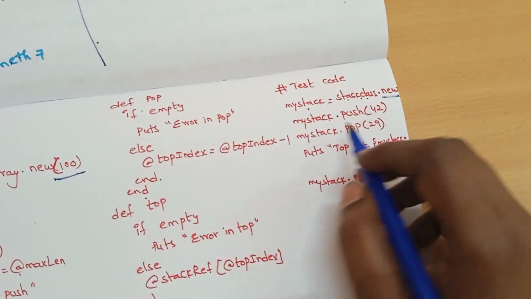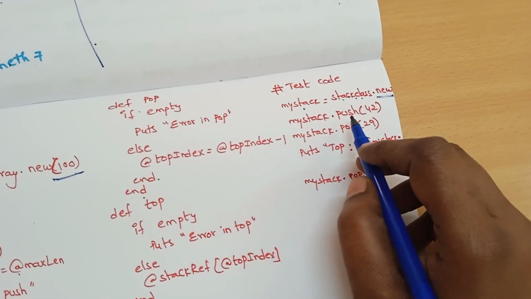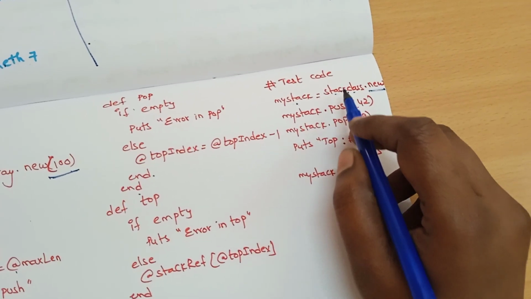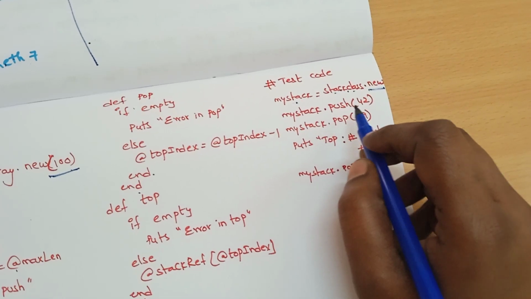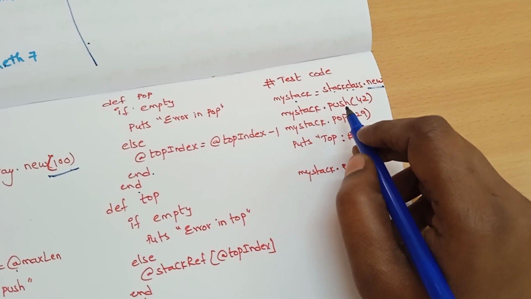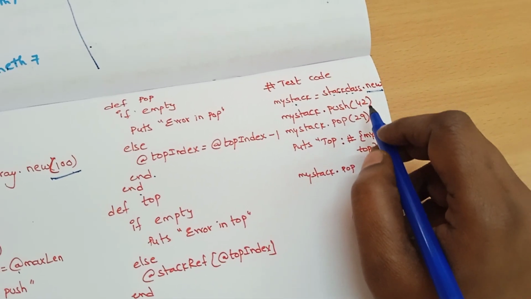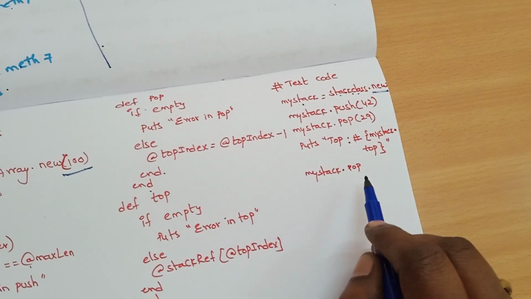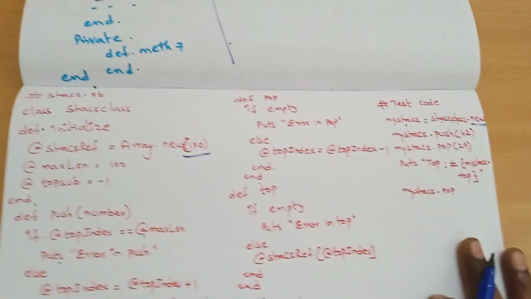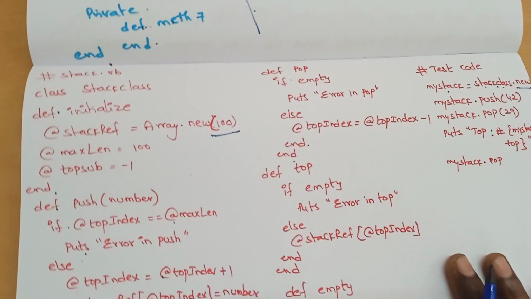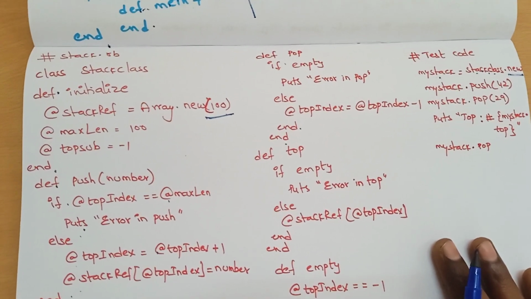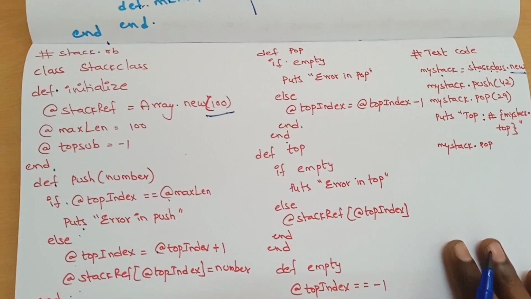My stack is an object of the stack class, and the stack class has member functions like push. Now I'm referencing this function to perform it. So my stack dot pop. This is how Ruby implements the stack ADT using Ruby syntactical structure. Thank you all.